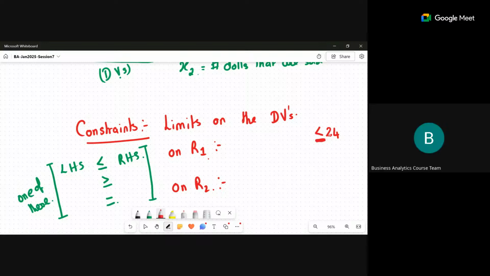Yes. Okay. So then what is the constraint? The right hand side is going to be 24, and the inequality we are going to use is less than or equal to. What is the left hand side? R1. Left hand side is R1. Yes. Okay, let me write R1 since you are telling R1.